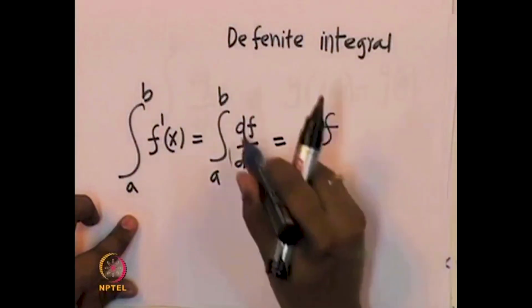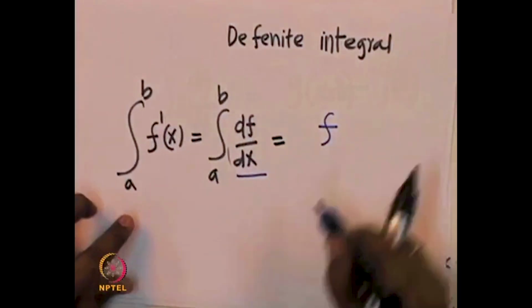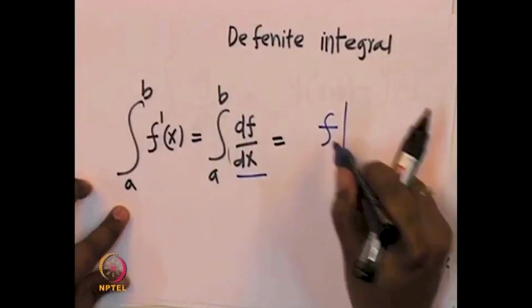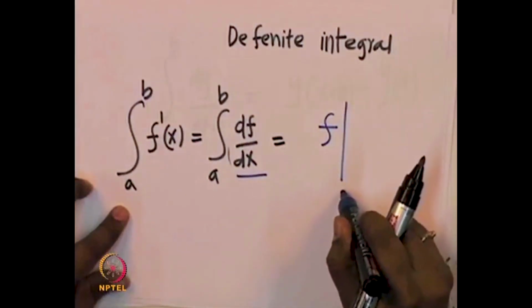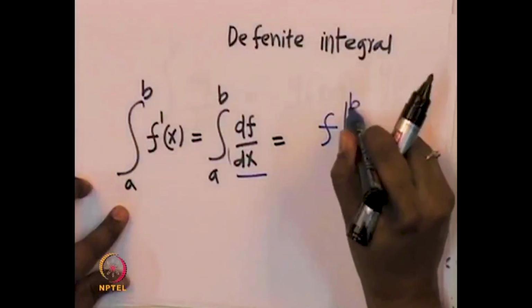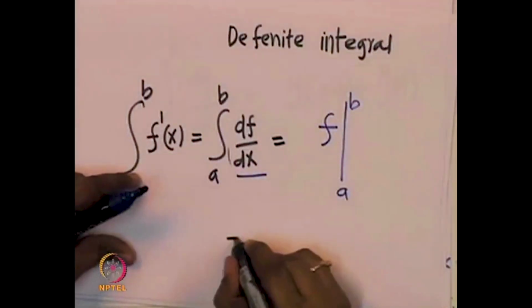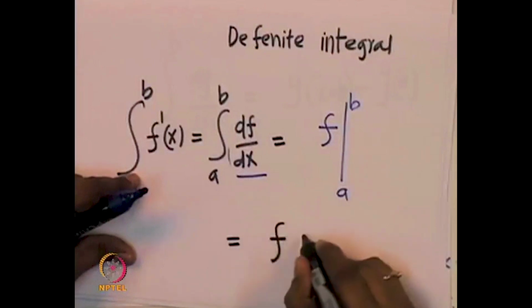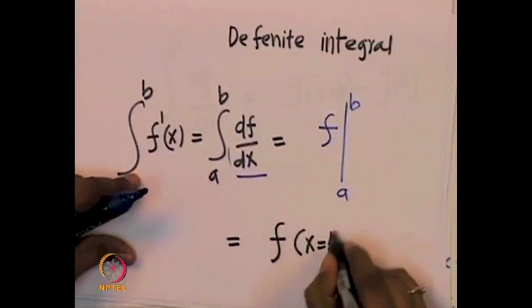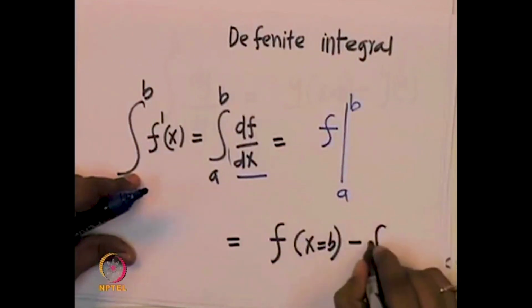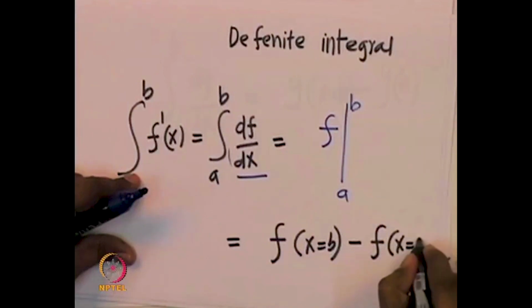The integral of df by dx is f, we know. Then you can evaluate this f between these 2 points A and B. What this means is f at x equal to b minus f at x equal to a.